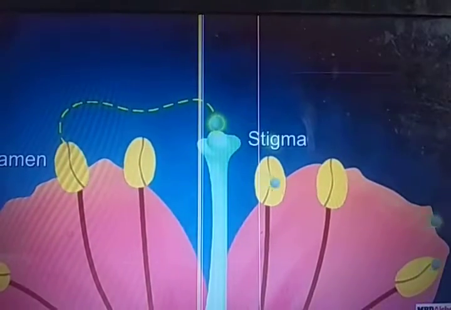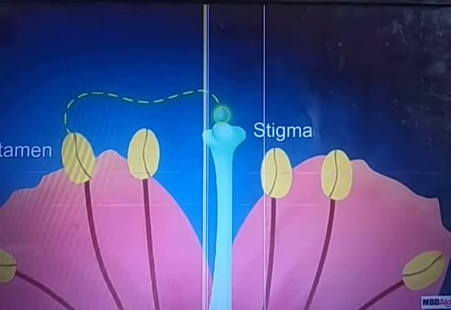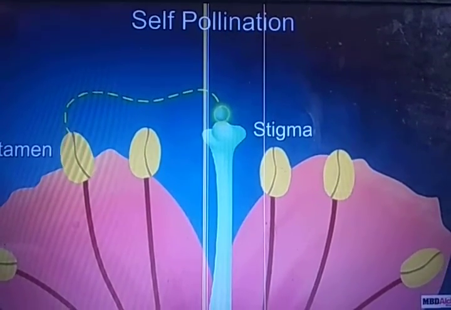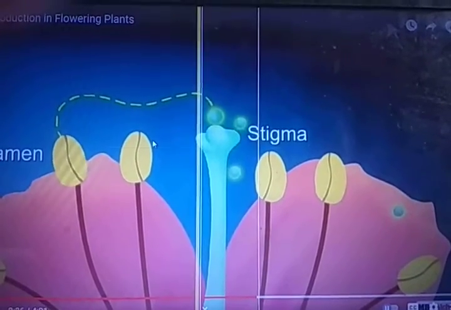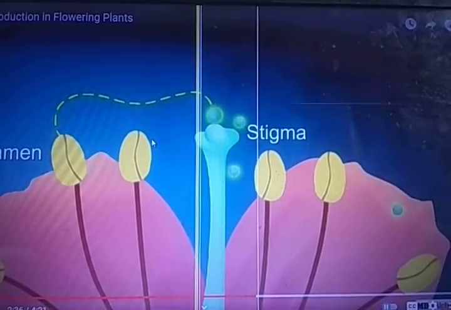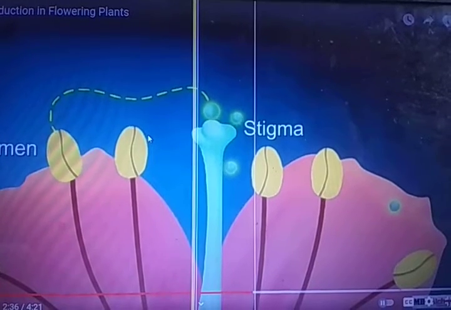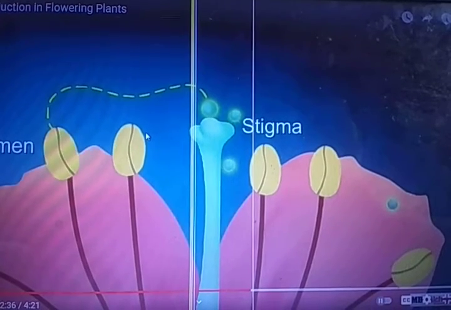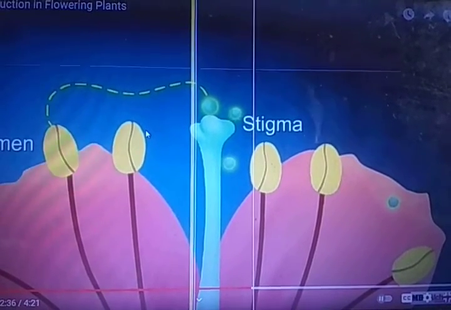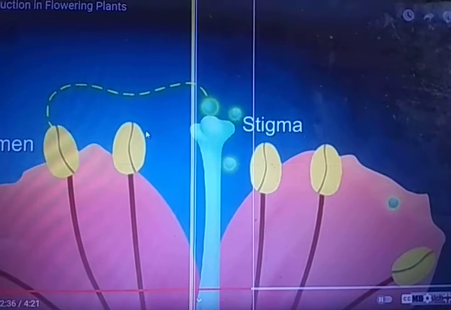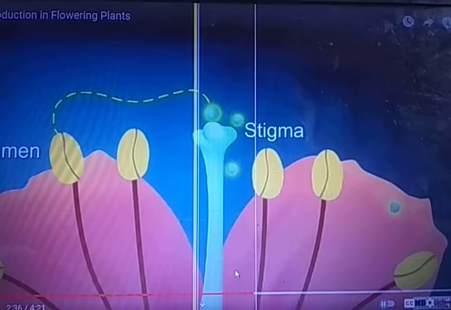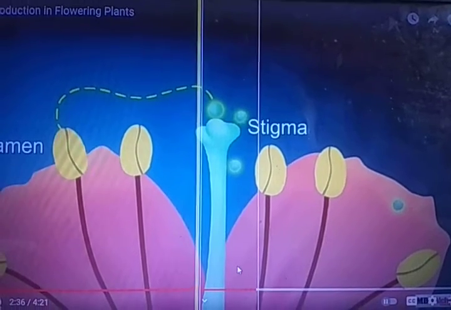What is self-pollination? The transfer of pollen grain from the anther of a flower to the stigma of the same flower or another flower of the same plant is known as self-pollination. It can be from a different flower, but it is from the same plant.